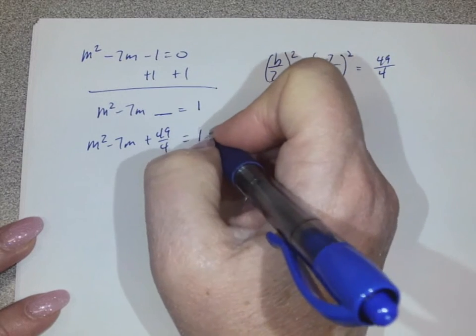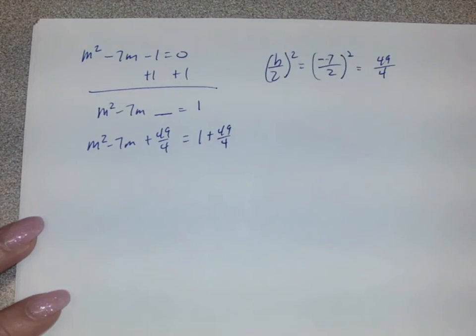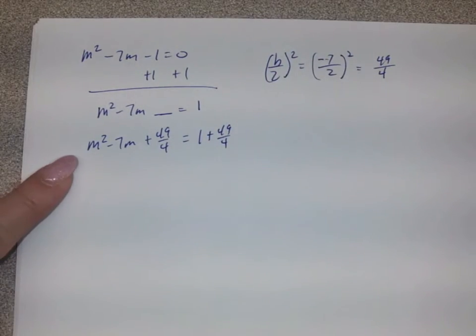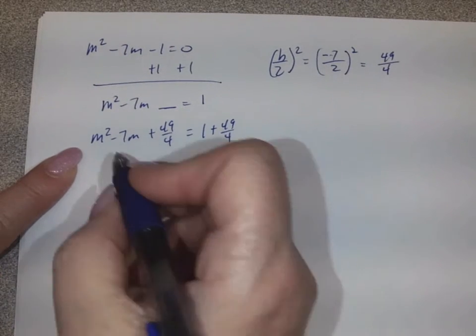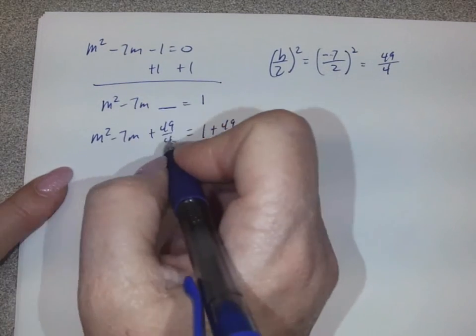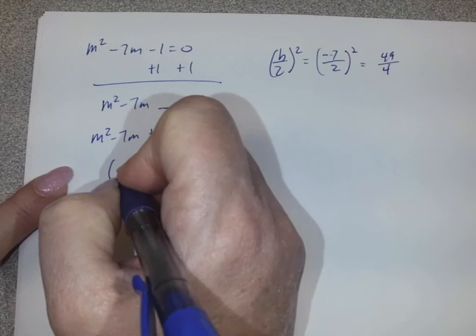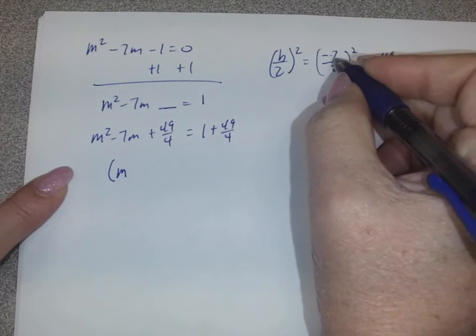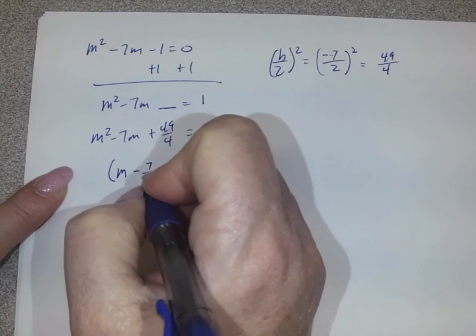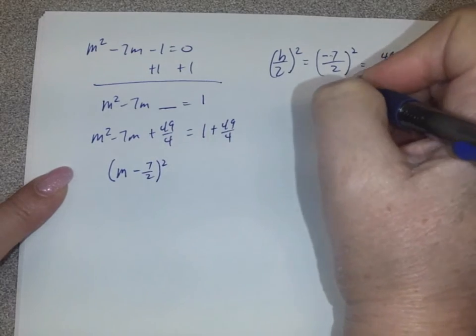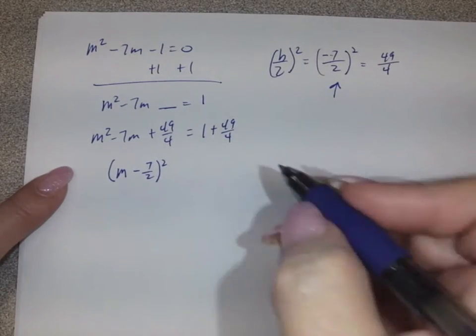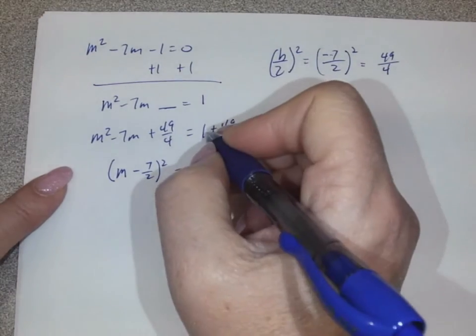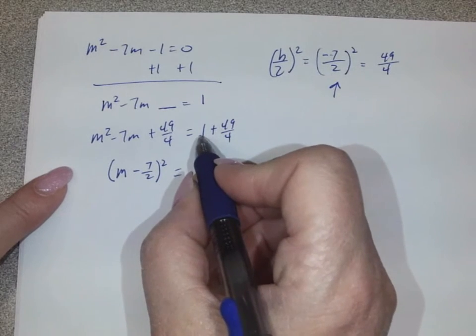This we will factor, and so this will factor to be our m minus 7/2, because we're just going to use that value. All right, now we need to add this. Well, we need this to be a common denominator of 4.